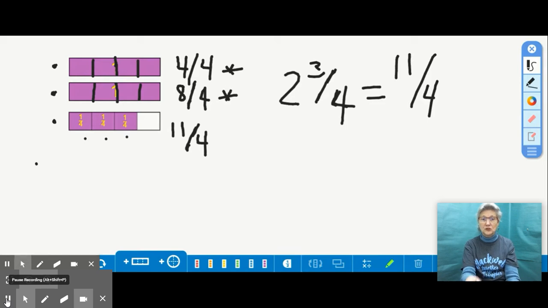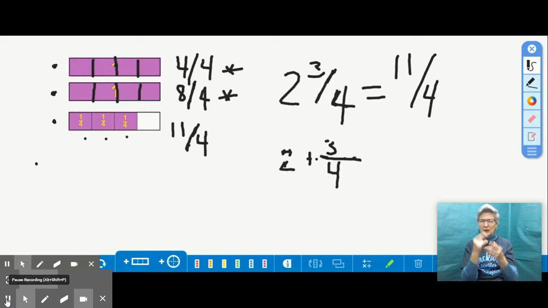To write this out, it would look like this. We did 2 plus 3/4, because that's how we thought of our model when we first saw it. We saw the 2 wholes and the 3/4. And then what we did was we did 2 times 4 fourths, because we took our wholes and broke them into fourths.